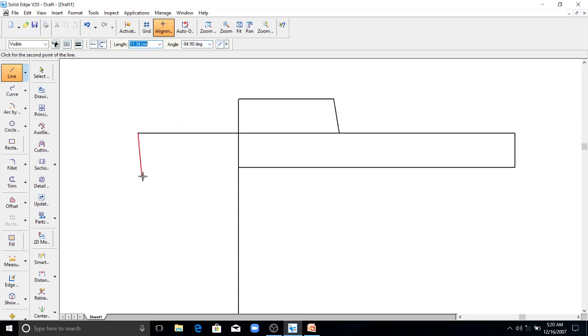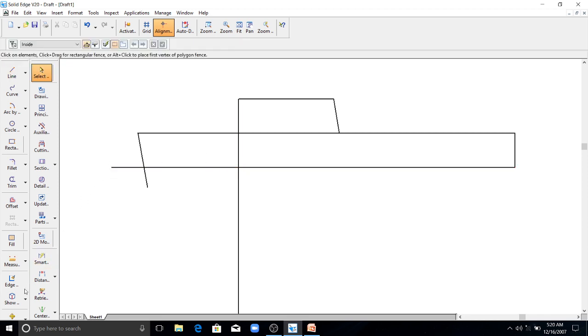Now you draw the 10-degree taper line here. And the thickness of this plate is 9 mm. You join here. This portion you erase.